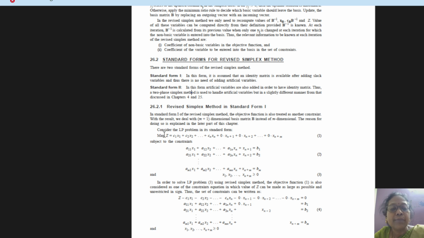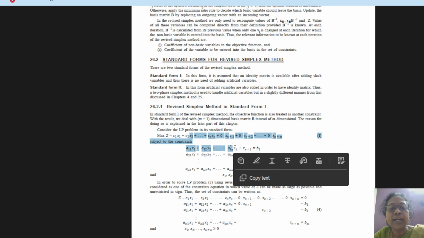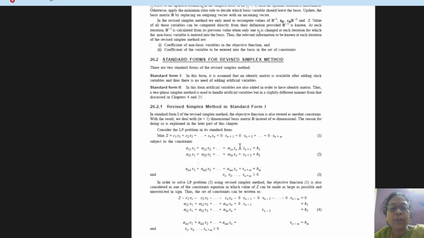So we rewrite the objective function as max z equals c1x1 plus c2x2 plus cnxn, and we add slack variables to make the constraints into a standard form. Adding the first slack variable xn plus 1 to the first constraint a11x1 plus a12x2 and so on a1n xn, we make the inequality an equality, equal to b1.